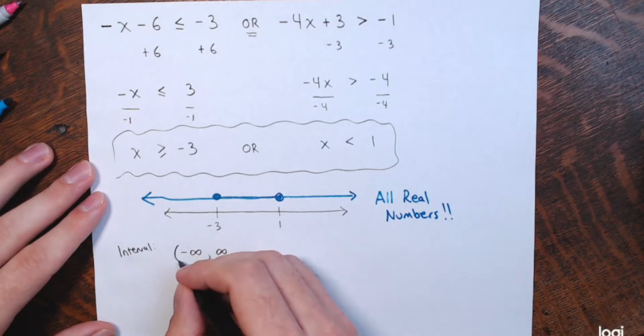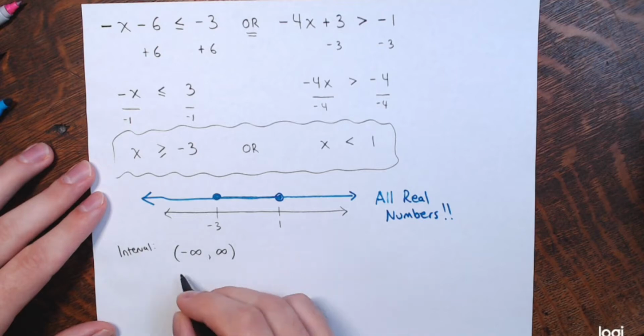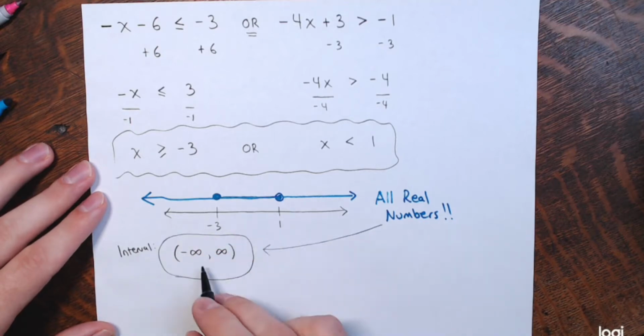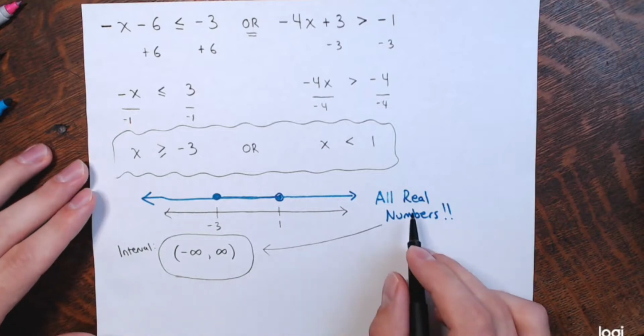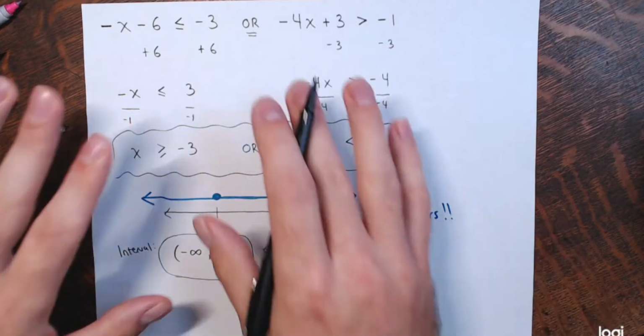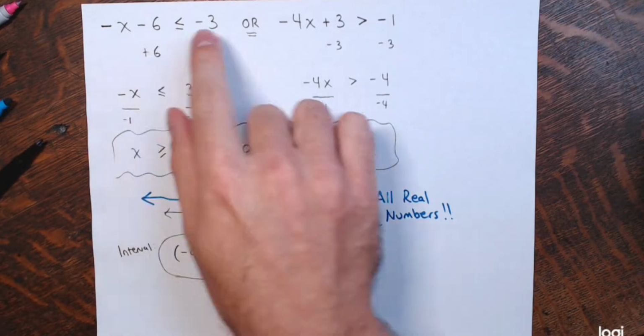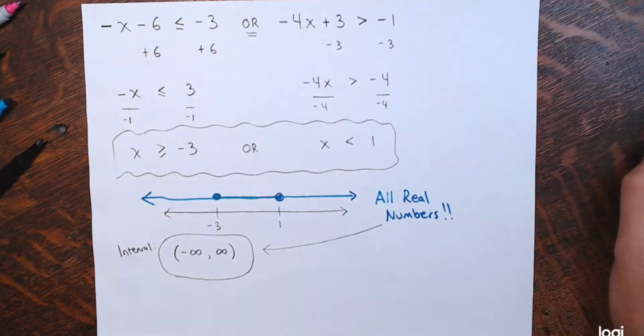Negative infinity and positive infinity both have parentheses, but that's the interval notation for all real numbers, saying that every number you think of is a solution to this compound inequality. Any number you think of satisfies at least one of these inequalities. And that's what I'll enter.